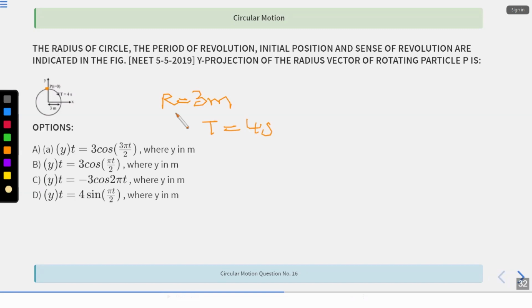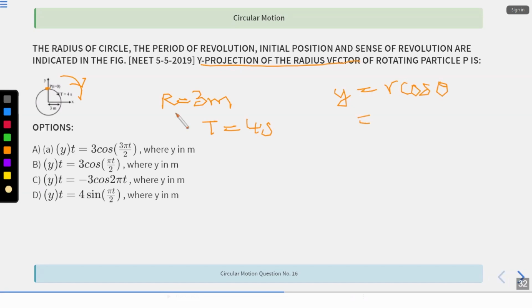T is equal to 4 seconds, and this is the initial position, and the sense of revolution is in this direction. So how do we approach this question? We need to find out the y projection of the radius vector. So firstly, y is equal to r cos theta.